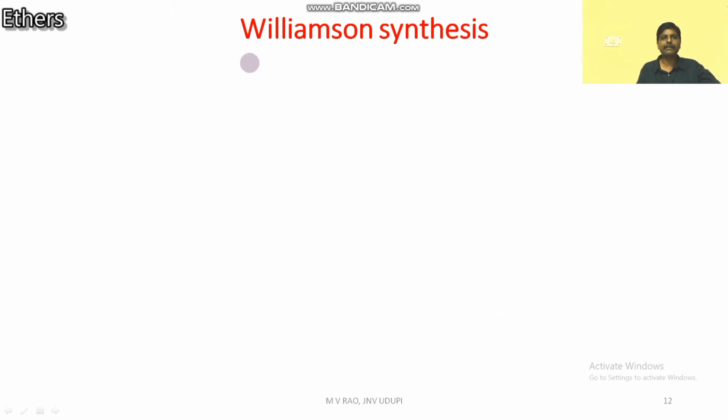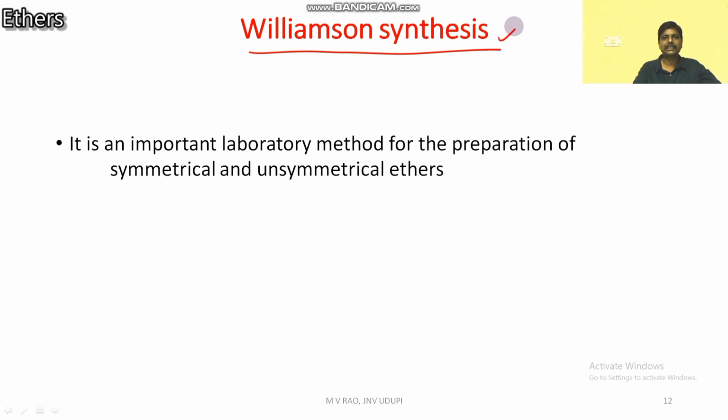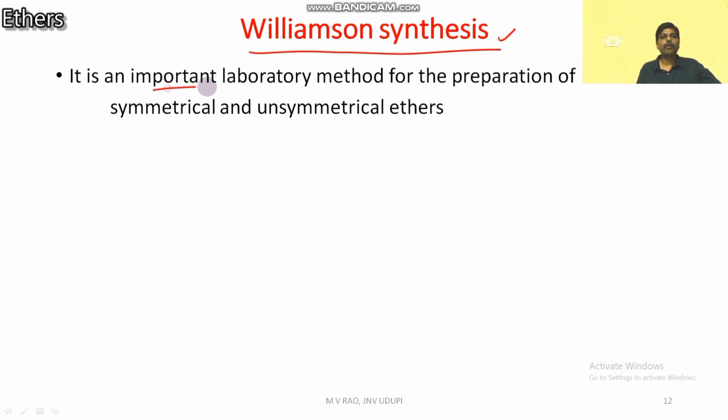The next method of preparation is Williamson's synthesis. It is an important laboratory method for the preparation of both symmetrical and unsymmetrical ethers. It is a very important reaction from the examination point of view also.